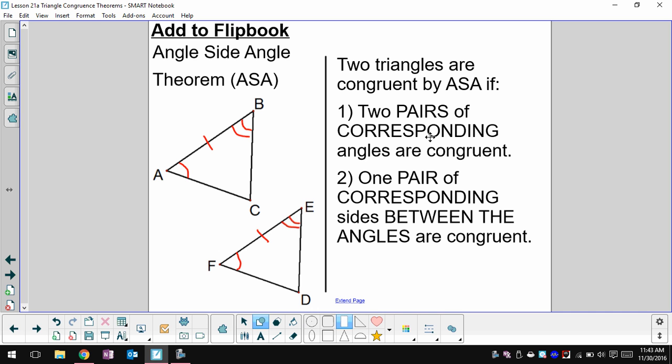So over here, this is almost exactly the same, except where I said the corresponding sides have to be between the angles. If the corresponding sides are between the angles that are congruent, then this is angle-side-angle.